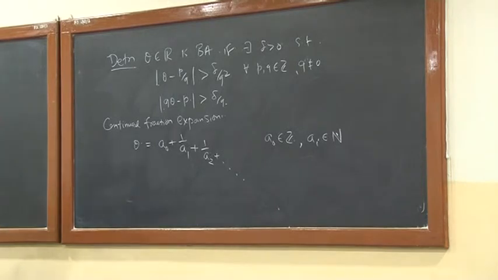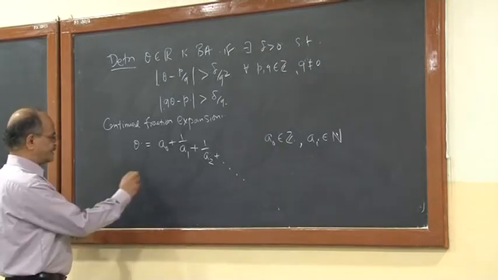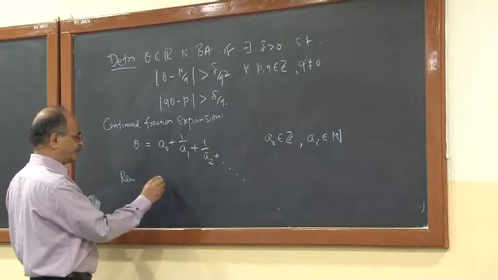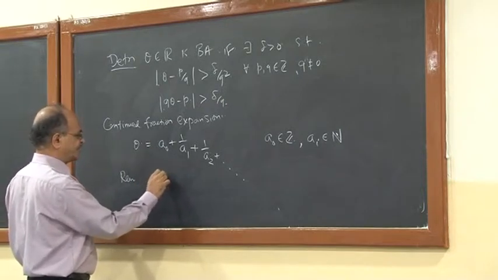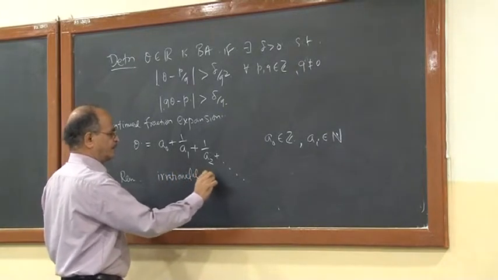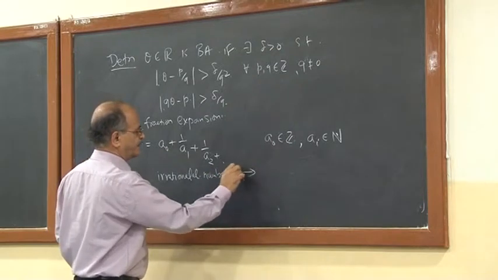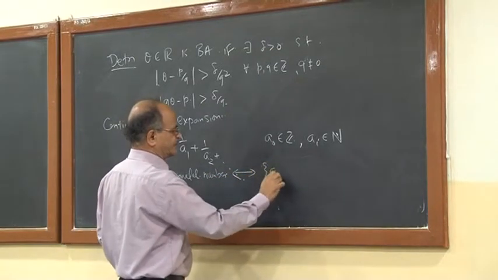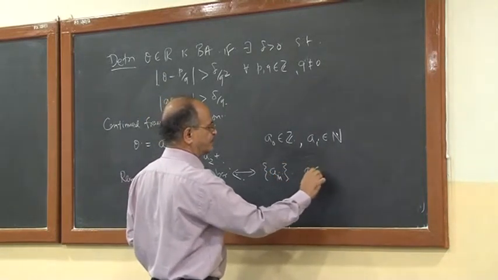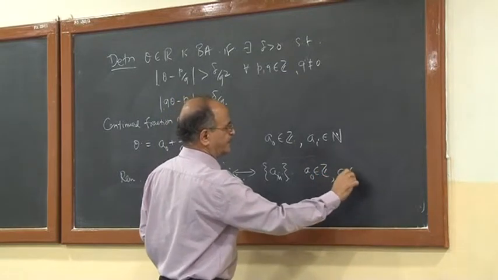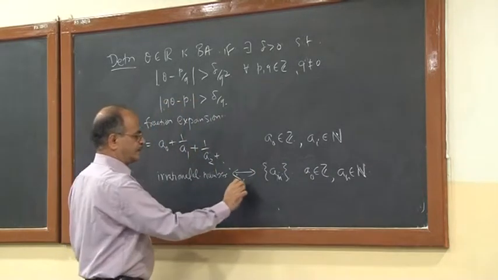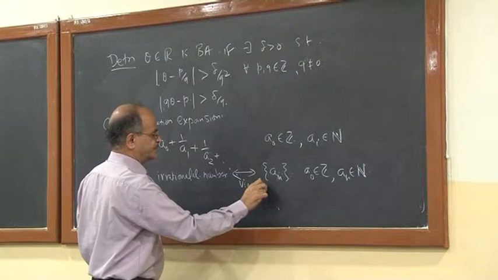There is a one-to-one correspondence between irrational numbers and sequences an with a0 in Z and an in N via continued fraction expansion.